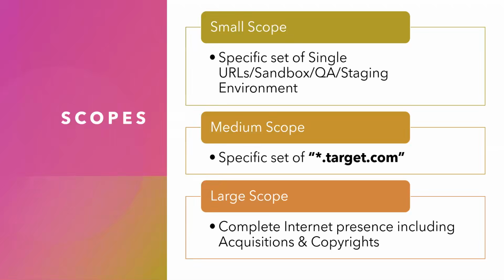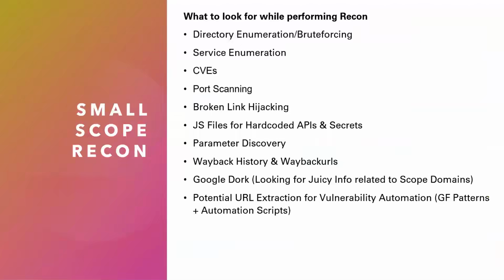Like you will see a lot of times sandbox.target.com or QA staging.target.com. In medium scope, we consider star.target.com, where we say that all the subdomains of target.com are in scope. Whereas in large scope, we consider that every single thing, the internet presence, acquisitions, copyright, everything related to that organization will be in scope.